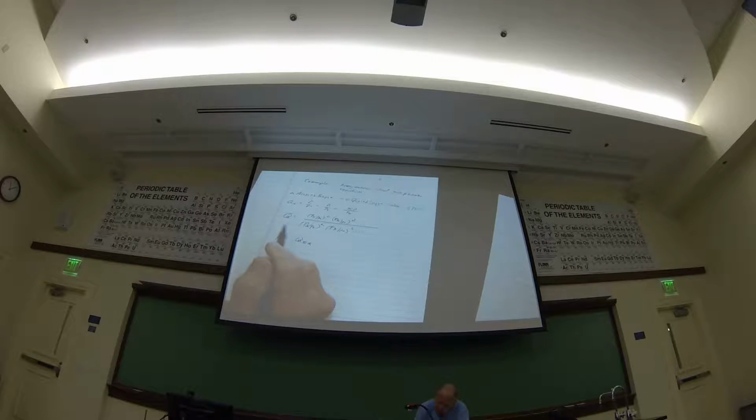Our curly bracket, which is this product of activities raised to the appropriate powers, these are just the numerical values of the numbers of moles in the balance equation, just pure numbers there. It would look something like this for ideal gases. And K, of course, is the value of this ratio of activities when the system's in equilibrium.